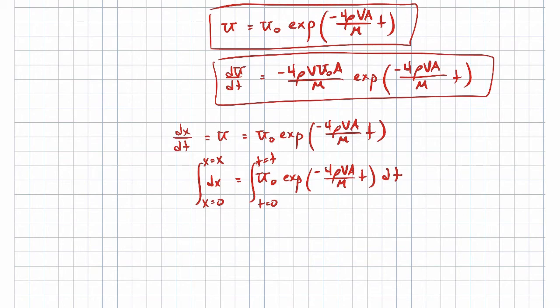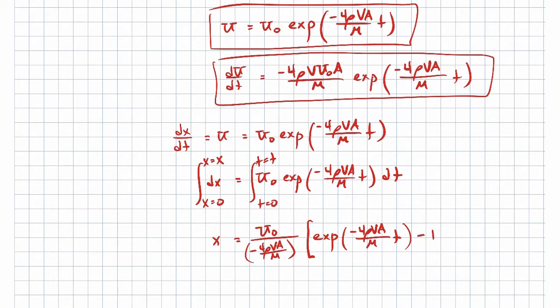So the left-hand side is just an x. The right-hand side, we'll have a u naught all over the minus 4 rho v a over m, times the exponential of minus 4 rho v a over m times t. But then I have to also plug in a value of 0 here when I evaluate that integral, and that'll come out to be a 1.